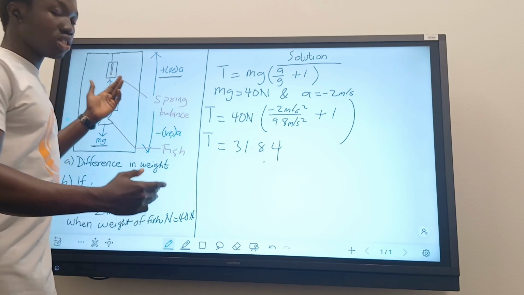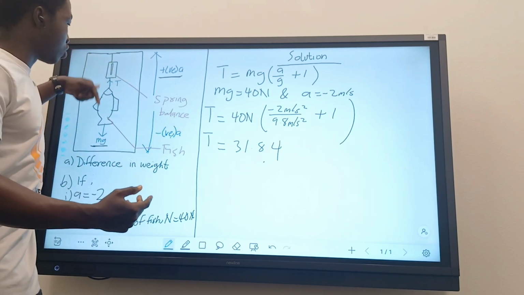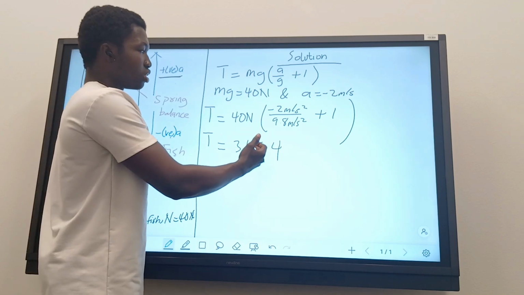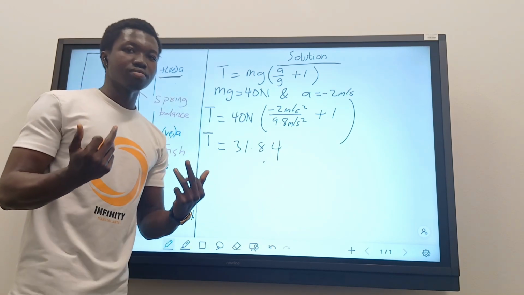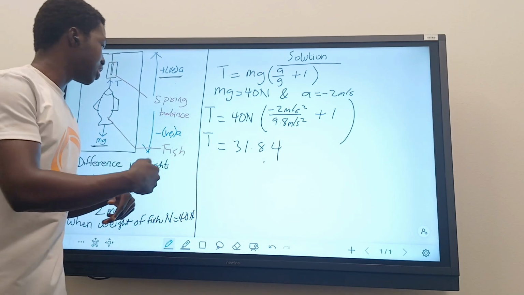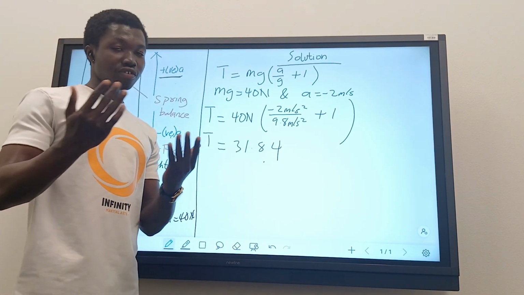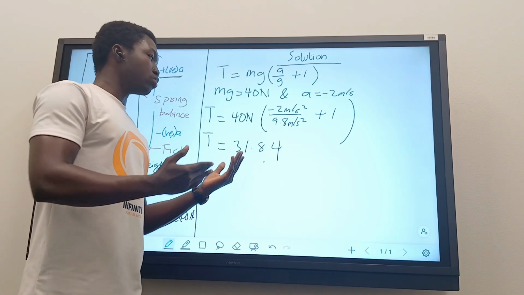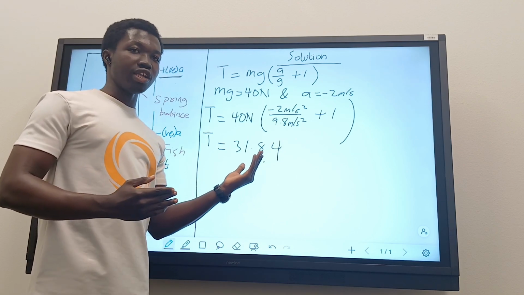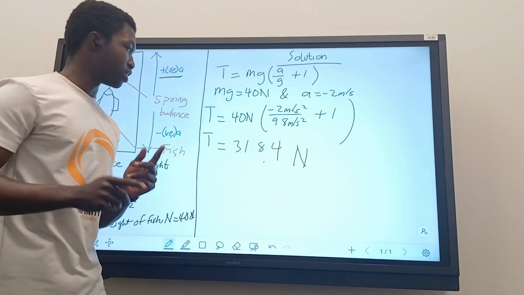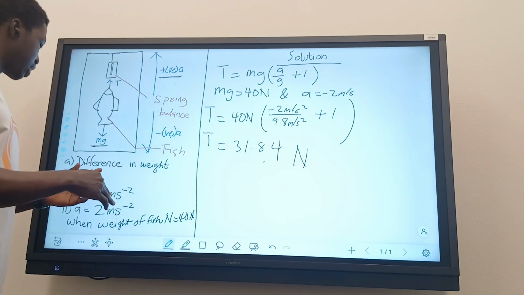The tension of the string is proportional to the reading of the spring balance, and it's also proportional to the weight of the fish. Now we've gotten 31.84. So as the elevator moves down, we'll have a negative acceleration, and the weight of the fish will be reduced to 31.84 Newton. Never forget your units, they are very important. Good. Now we are going to check it the other way.